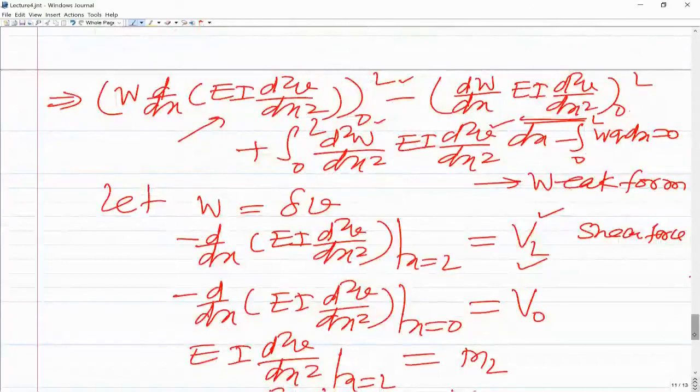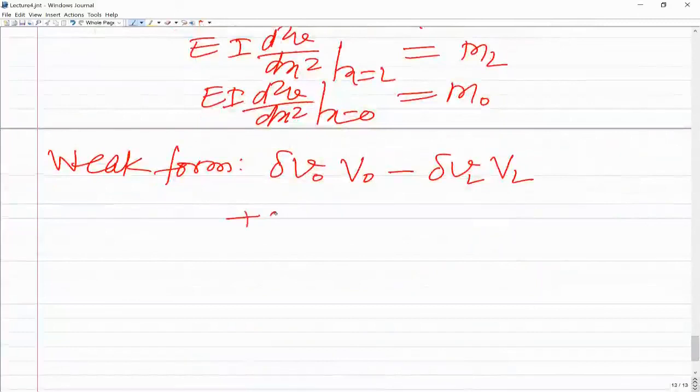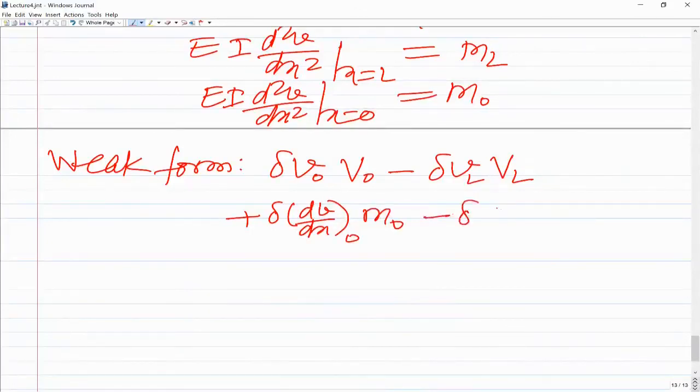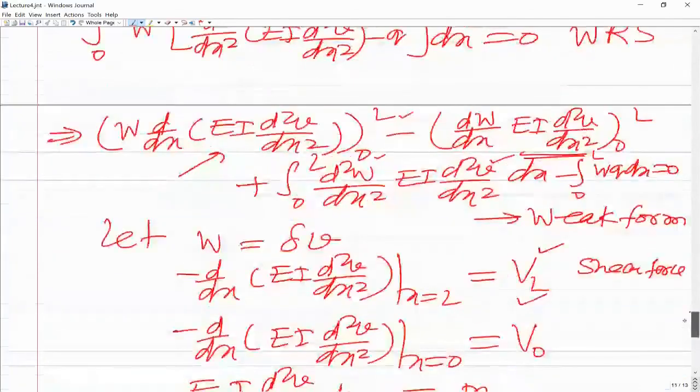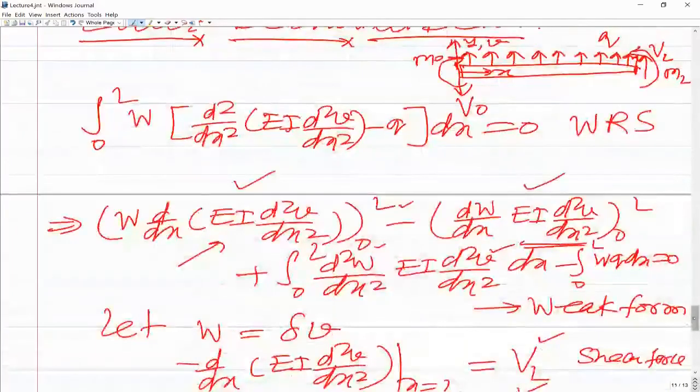So that will become plus delta of dv by dx at x equal to 0 into M naught, because w is delta v and there we have dw by dx. Minus the upper boundary term, we will have a minus sign there: minus delta of dv by dx at x equal to L into ML. So these two boundary terms will give you these four terms.